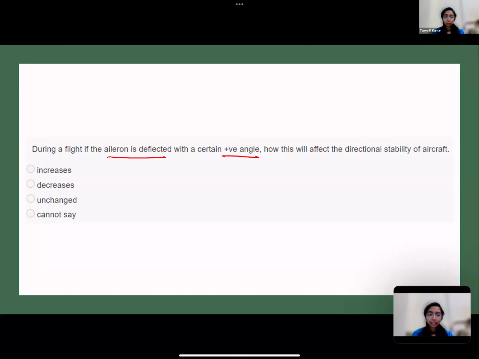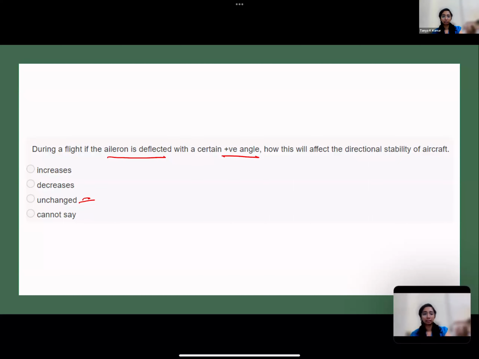Sandra says unchanged. Can you try to justify your answer? Exactly, that's perfect. Because it's a control surface, it only changes your trim.